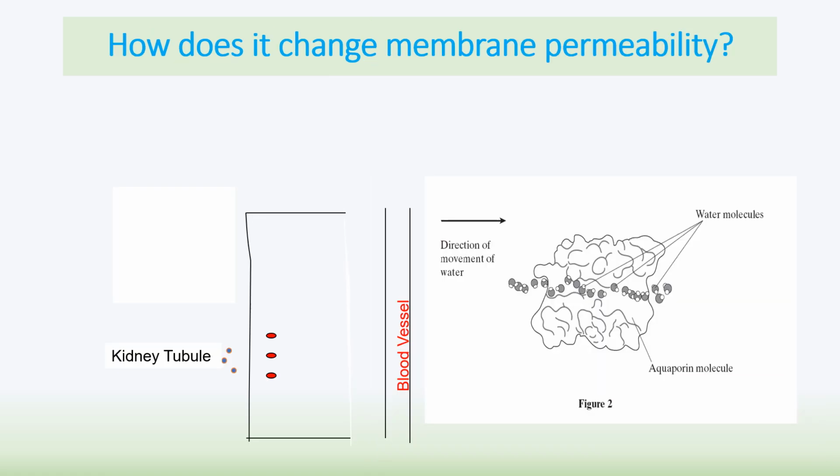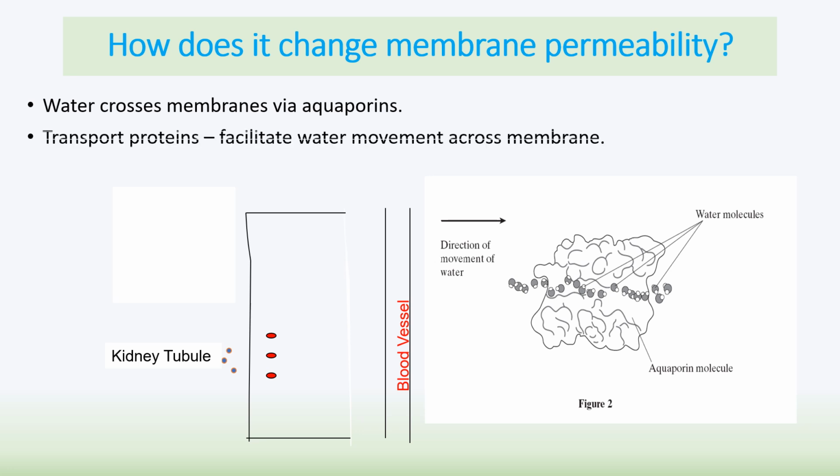You lose less water. Again, just a different way here showing you the aquaporins are water crossing membranes. They are transport proteins basically which allow water to cross them, and they basically form gated channels. So when the ADH arrives, it causes the aquaporins to enter the membrane, and water can then travel through and into the bloodstream.